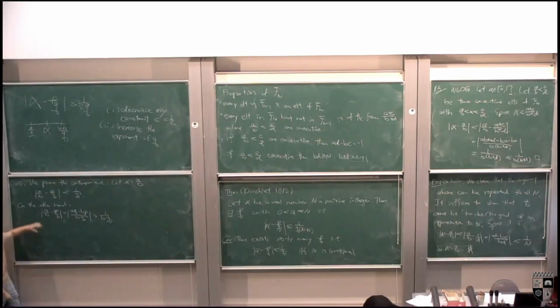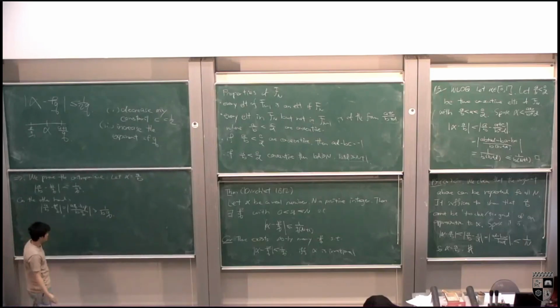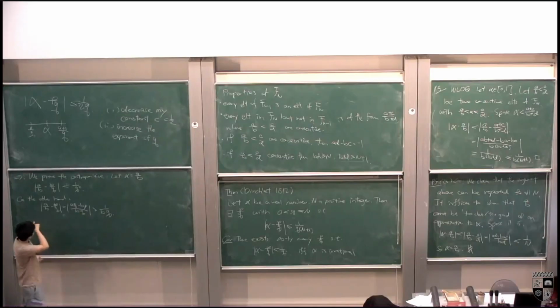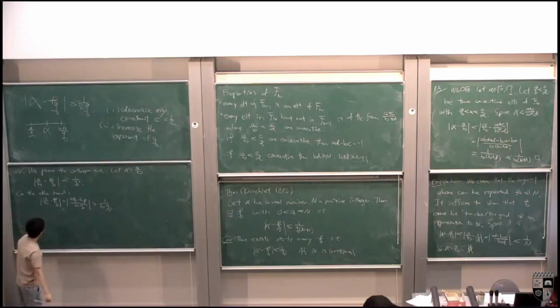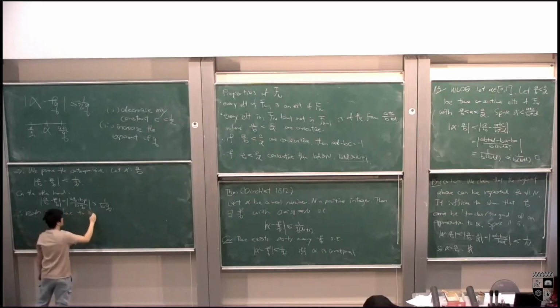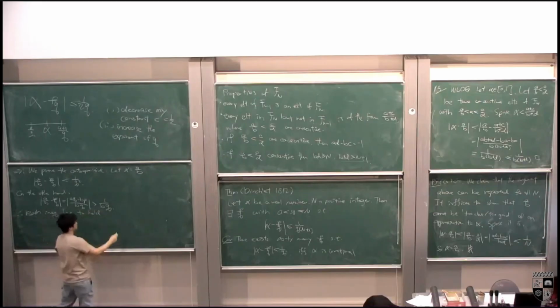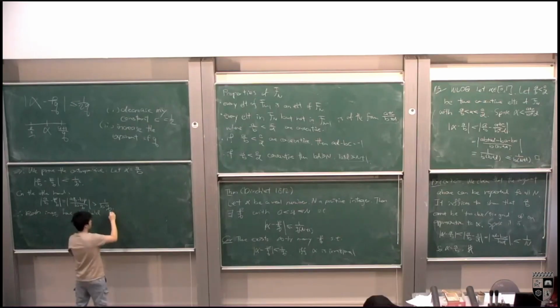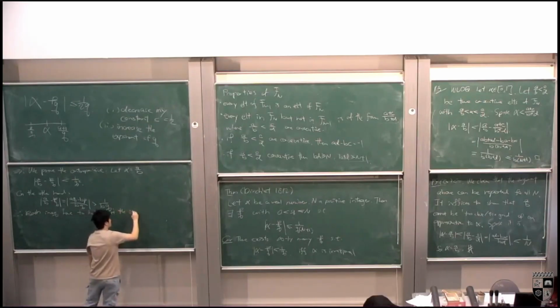In other words, we need these two inequalities to hold at the same time. But there can only be finitely many fractions P over Q that can do both at the same time. Therefore, both inequalities have to hold. I don't know how to spell simultaneously, so let's just use at the same time.